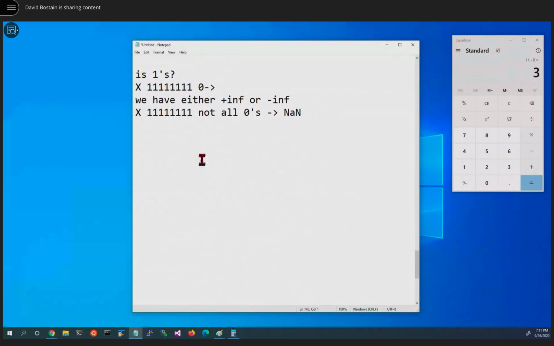So if I ask you, what is this number right here, and told you it was encoded in IEEE 754 single precision, you would tell me that's a positive 0. If I gave you that, you'd say it was a negative 0. And if I gave you that, you would tell me that's a dirty 0.